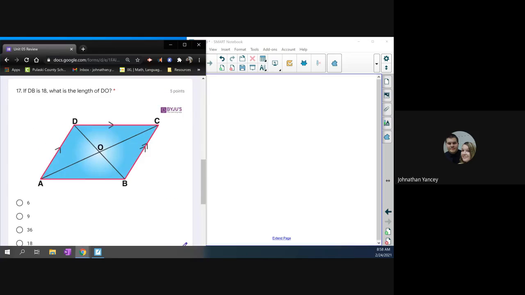Alright, Mason, I got this one for you. It says if DB, which is that entire diagonal, is 18, what is DO, which is half of the diagonal? Anybody agree with that or disagree?